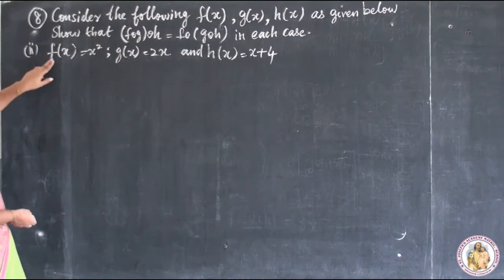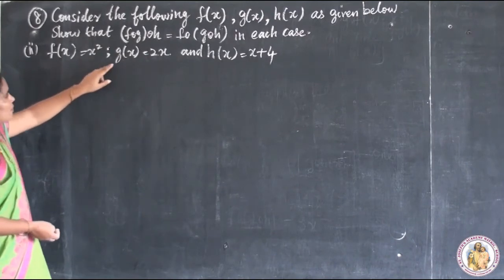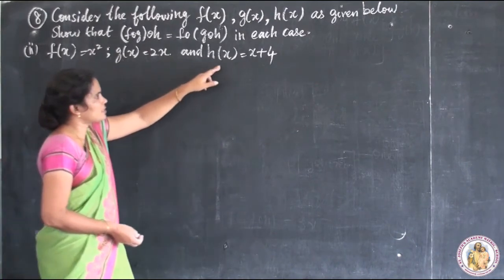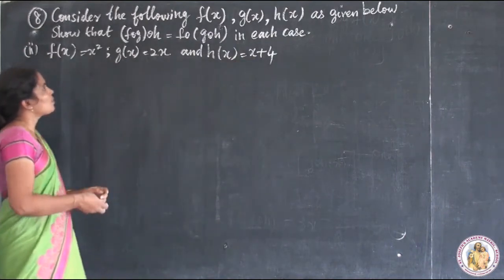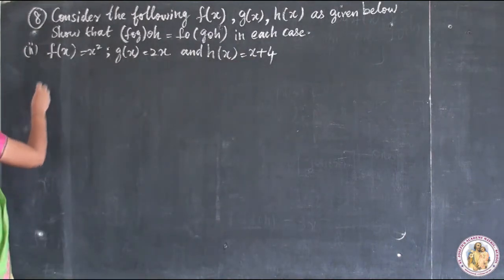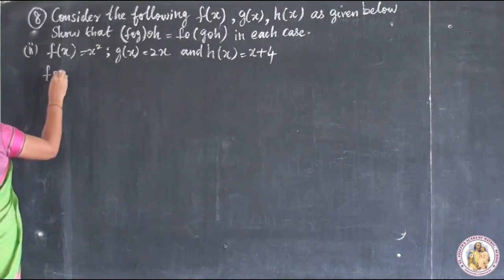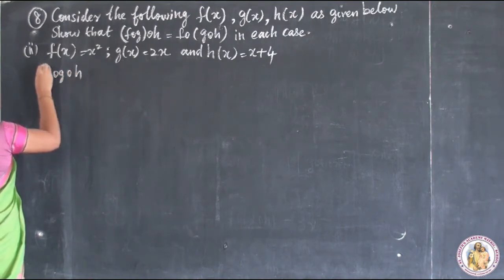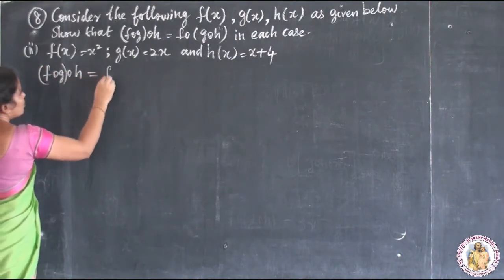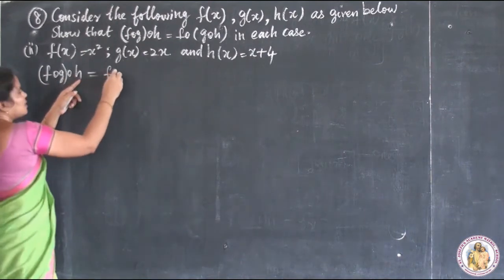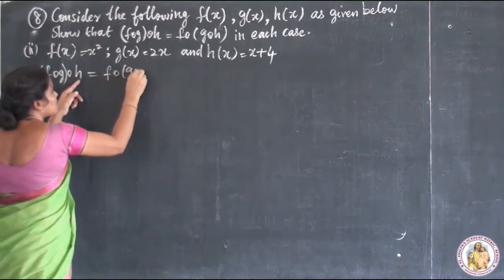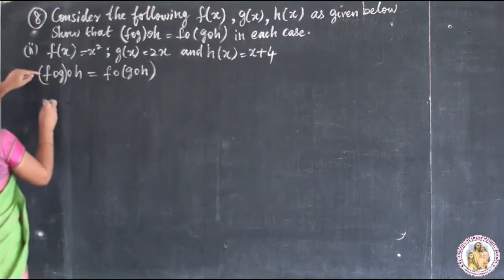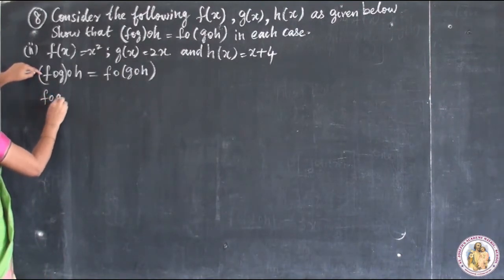Question number 2: f of x is equal to x square, g of x is equal to 2x, and h of x is equal to x plus 4. So again you have to prove that (f∘g)∘h is equal to f∘(g∘h). First go with (f∘g)∘h.